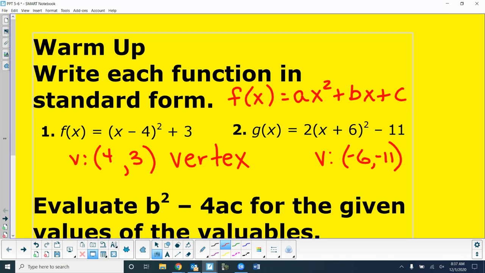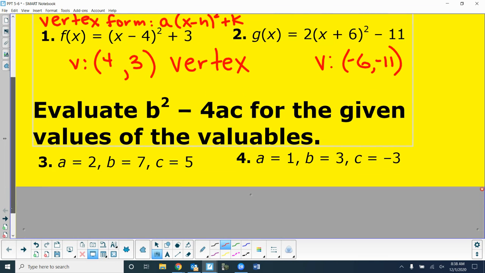Okay? It's the opposite of what's in the parentheses. It's what makes the parentheses 0 for the x value of the vertex. And whatever this is the y value of the vertex. Remember, it's hk. Remember, vertex form is this. A times the quantity x minus h squared plus k. hk was our vertex. That you should be able to still do.